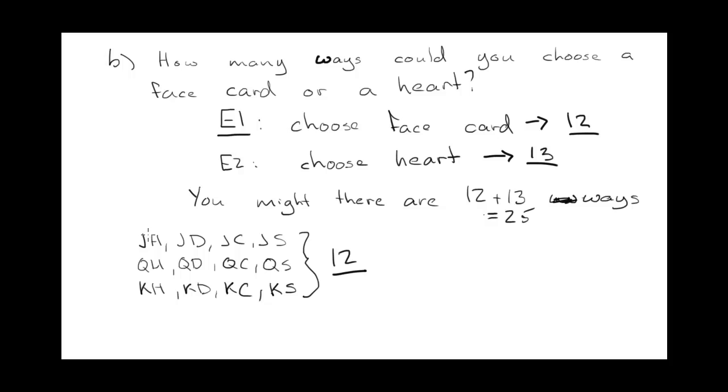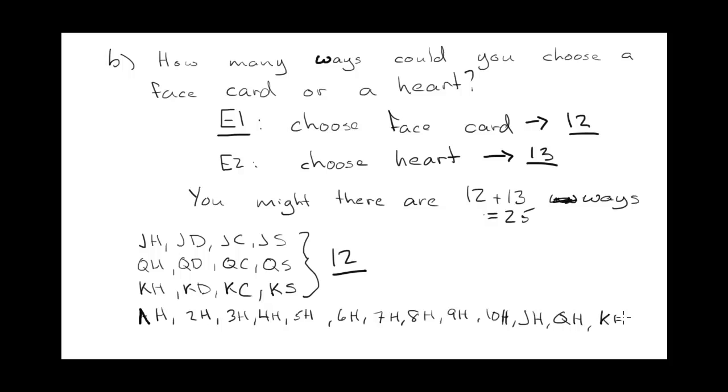So I've listed all the face cards, and now I need to list all the hearts. So all the hearts, there's an ace of hearts, 2 of hearts, 3 of hearts, 4 of hearts, 5 of hearts, up to 10 of hearts, and a king of hearts. So hopefully there's 13 there.